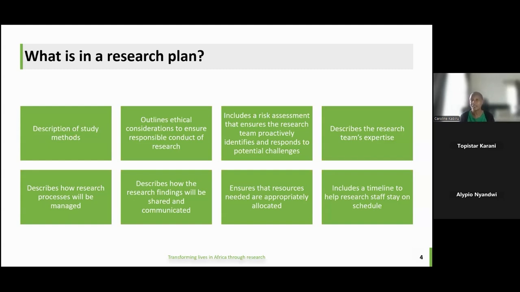Whoever is reading the research plan, or even if it's for the team itself, is really understanding that the team has the necessary human resources to implement the project and to do it well. And then it describes how the research processes will be managed. Importantly, it describes how the research findings will be shared and communicated.